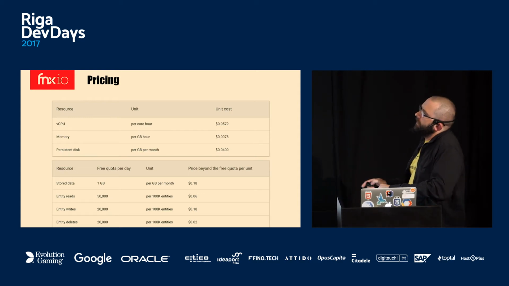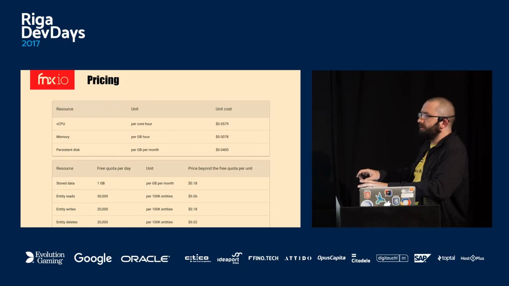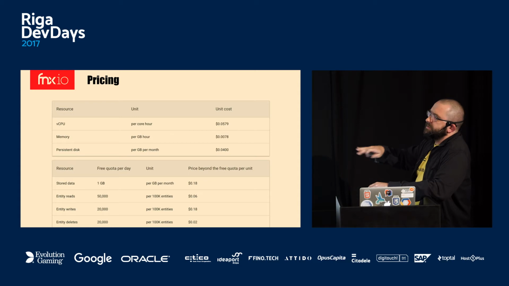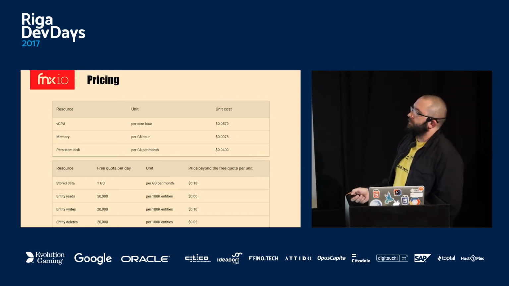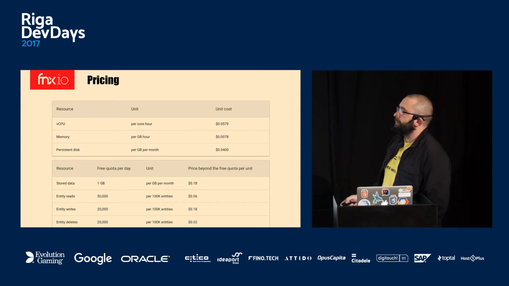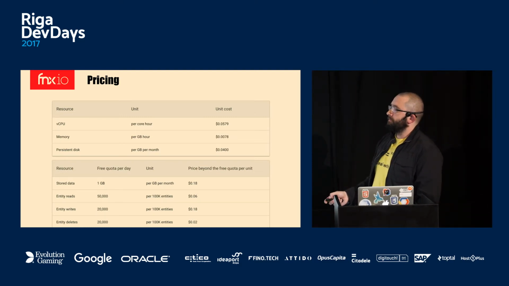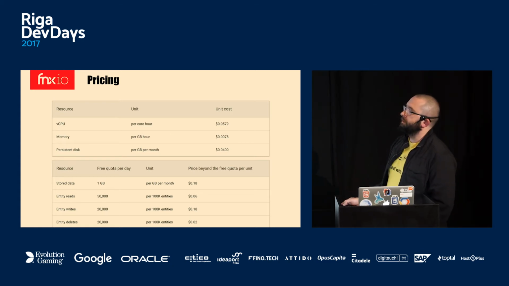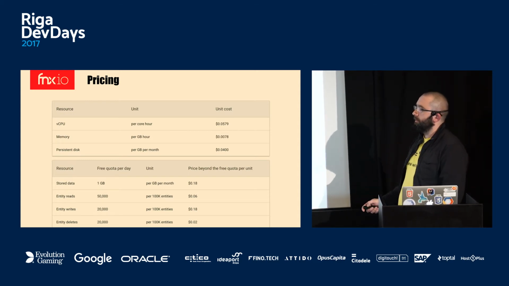Pricing. Yes, you are paying for CPU. This is just a fragment. Actually, everything in AppEngine has its price tag. So this is just a fragment of 50 rows of this table. Here you can see that you pay 18 cents per gigabyte for data stored in the data store. First 50,000 reads from the data store are for free, then you pay like nothing.